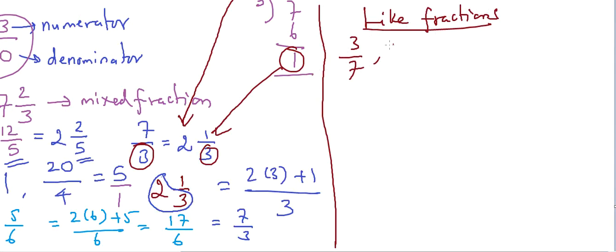For example, 3 by 7, 12 by 7, 18 by 7, 1 by 7. We call these fractions like fractions, because for all these fractions the denominator is the same. So in this case, 7.